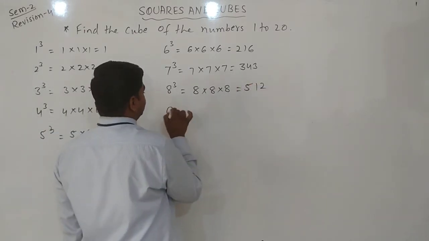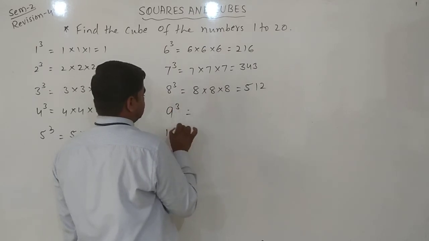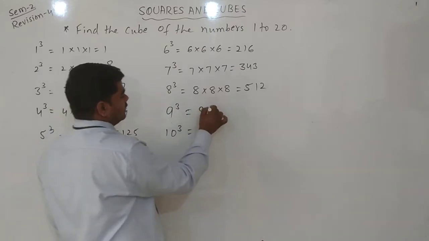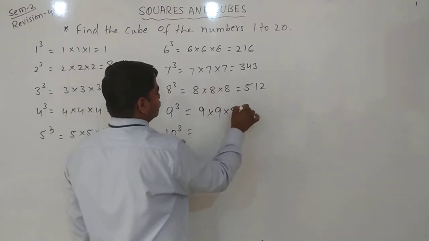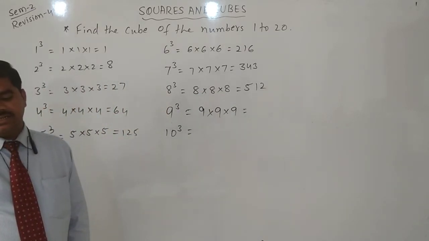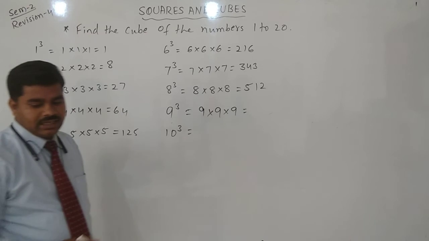It is 8 cube. 9 cube: 9 9s are 81, 81 9s are 729.